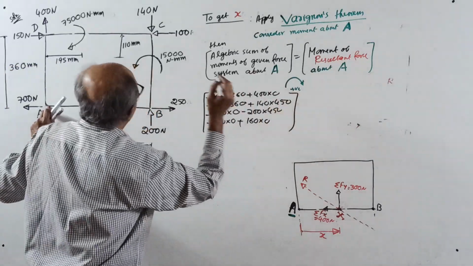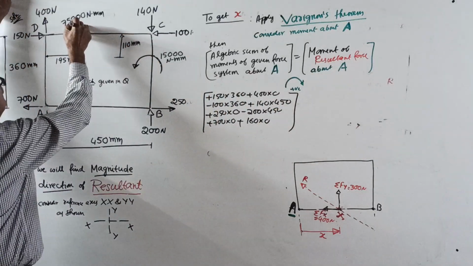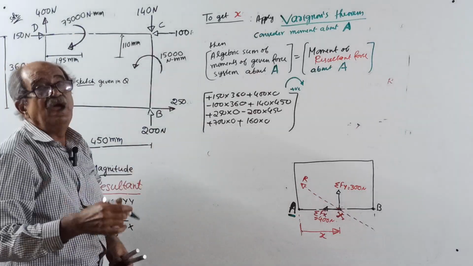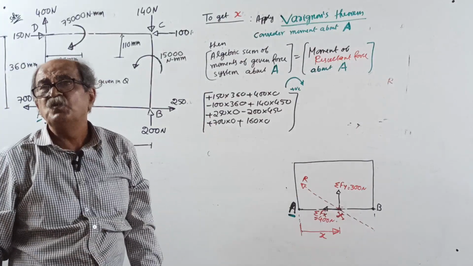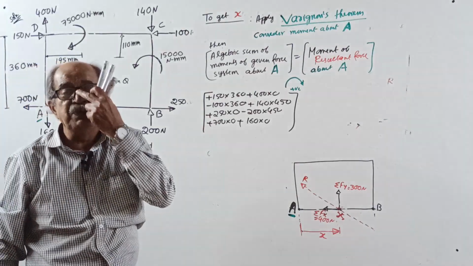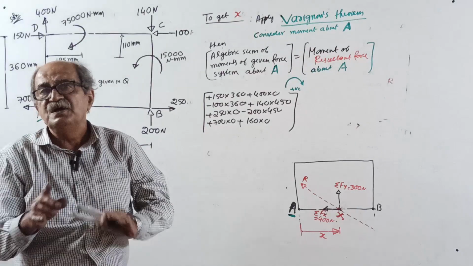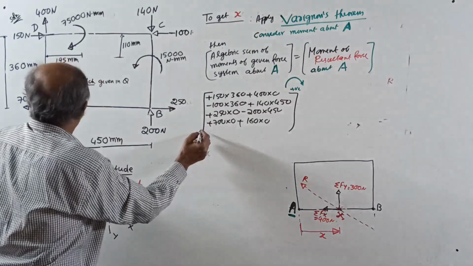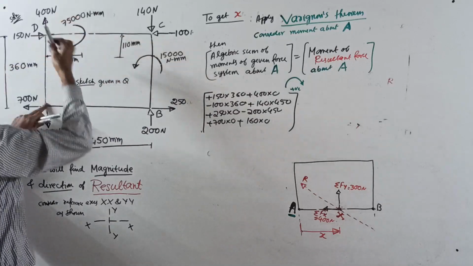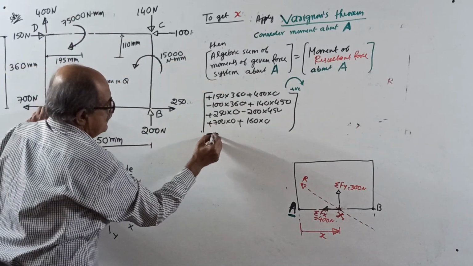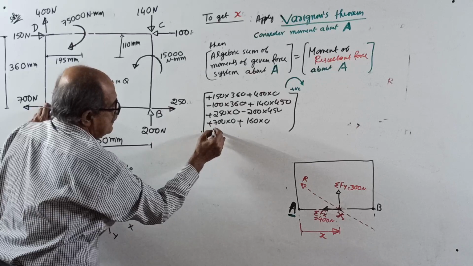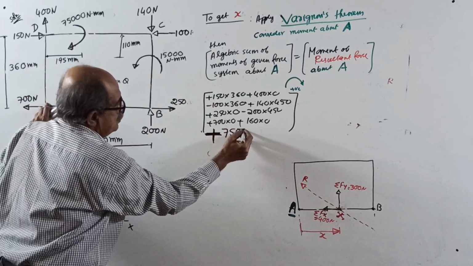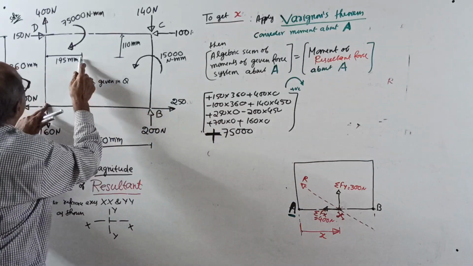But be careful, force system, two couples are there. Remember, little later I will tell you, when you want moment about any point, if couples are there, for a couple, you should not multiply by distance. Simply write the couples here. Clockwise plus 75,000. No into. Sir, they told 195.